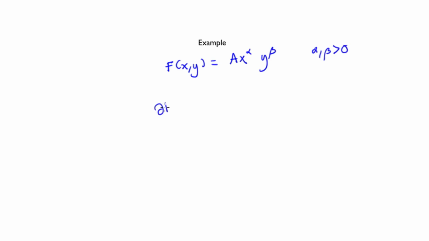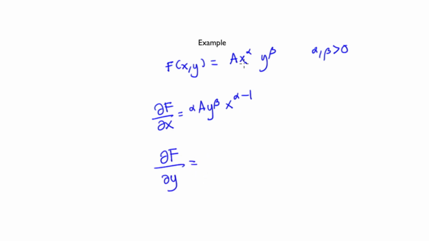Now, what is the partial of f with respect to x? What we're going to do is take the derivative of this function with respect to x, treating y as if it were a constant, just as A is. So what do we get? A, y to the beta, those are the constants, times alpha x to the alpha minus 1. That should be straightforward. Now, what about taking the derivative of f with respect to y?